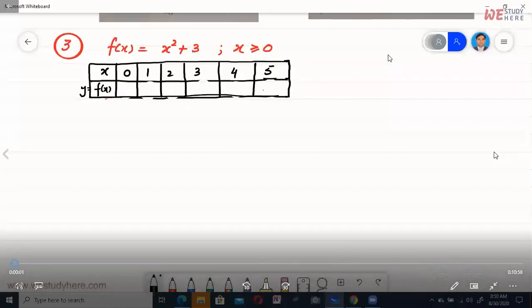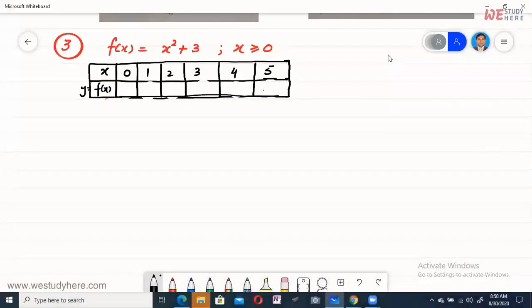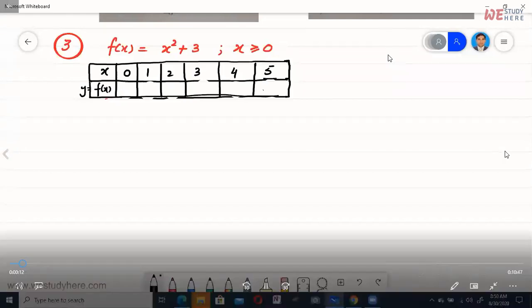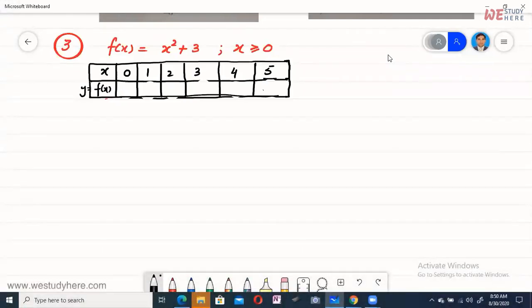Now we are going to start question number 3, and question number 3 is f of x equal to x square plus 3, where x is greater than or equal to 0. And here we can take x as 0, 1, 2, 3, 4, 5. Even up to 4 is enough.